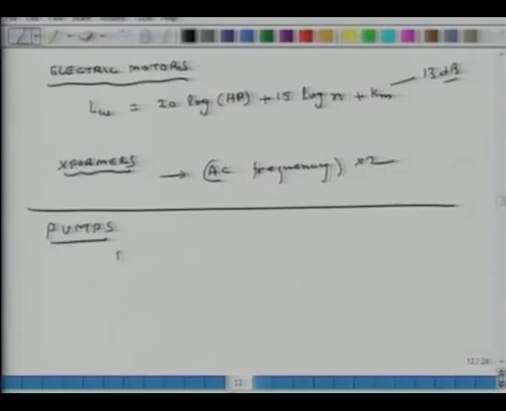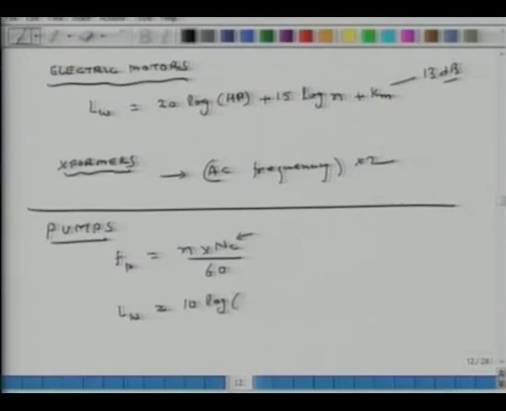So the fundamental frequency of a pump is N over 60, where N is the RPM, and a lot of these pumps, water pumps or fluid pumps, have pressure chambers. So whatever number of pressure chamber cycles they have in each revolution, N times NC over 60, and for this, LW is 10 log of power.